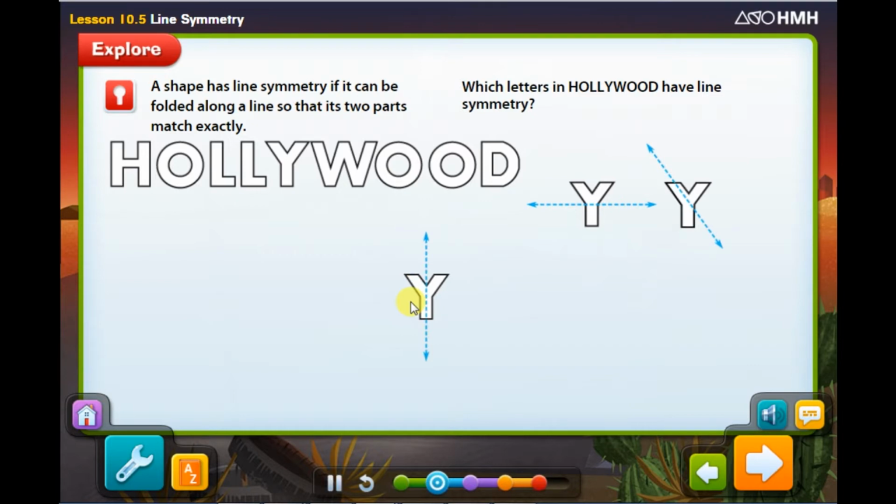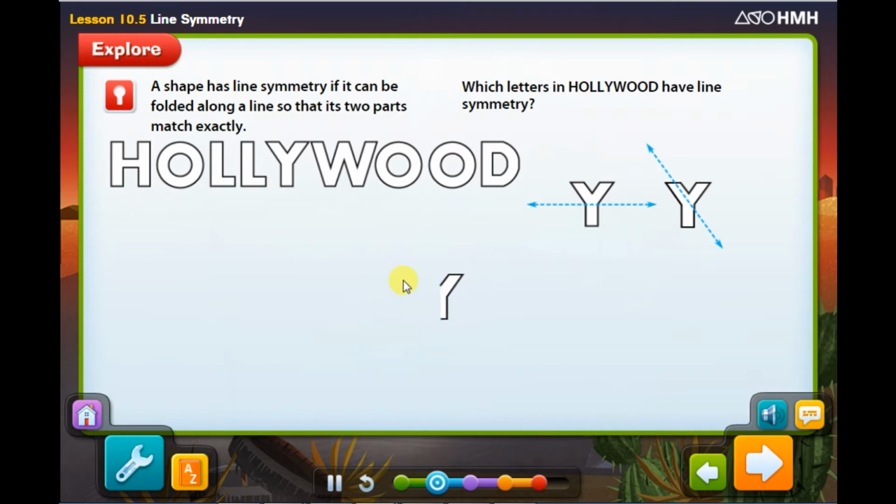What would the two sides of the fold look like if you folded Y vertically? Will it match if I put the line in the middle of it vertically? Let's check if the two parts will match exactly or not. Each side of the fold would look like this. Do the two sides match exactly when folded?